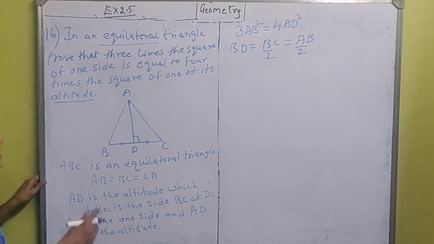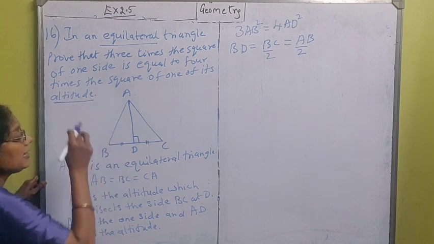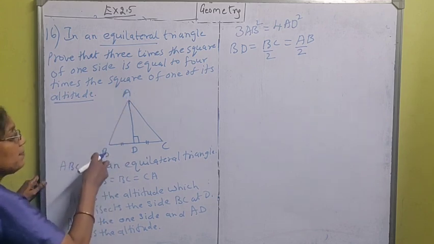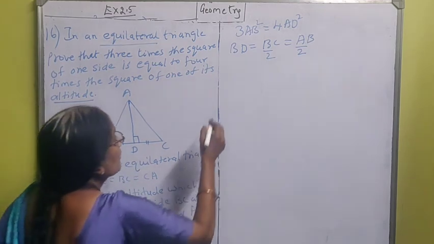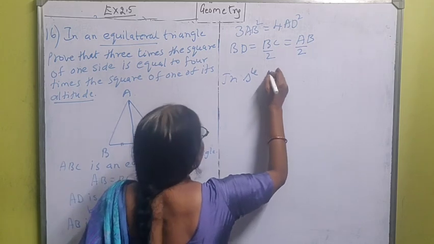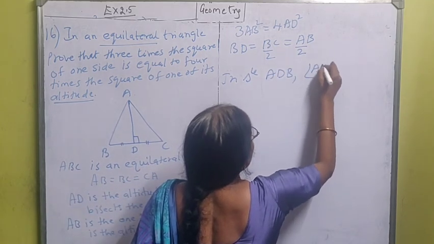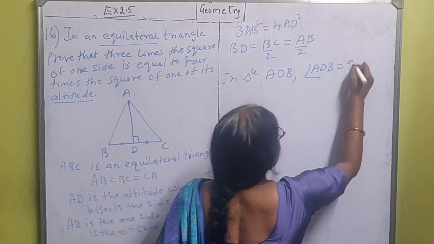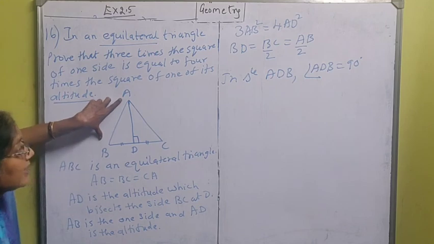Now I will take the triangle. Which triangle? In triangle ADB, angle ADB is equal to 90 degree. So AB square is equal to AD square plus BD square. So which is the hypotenuse?